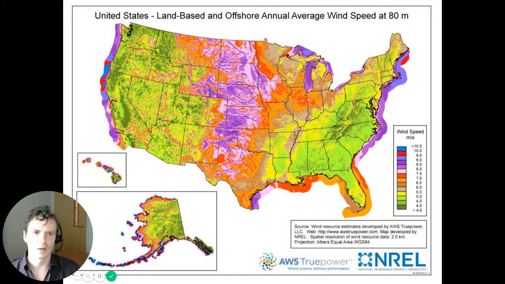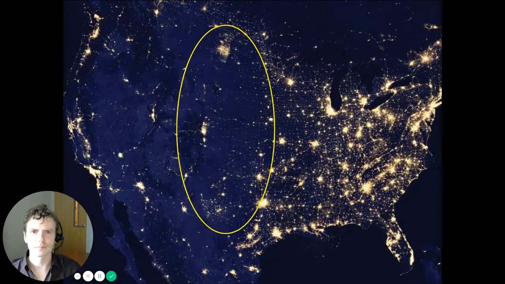This is a map of average wind speeds across the United States, including offshore areas. So in terms of land-based wind resources, clearly the highest potential exists in the central part of the United States, the Great Plains and Texas and Oklahoma. Unfortunately, that's an area of the United States where population is least densely concentrated.